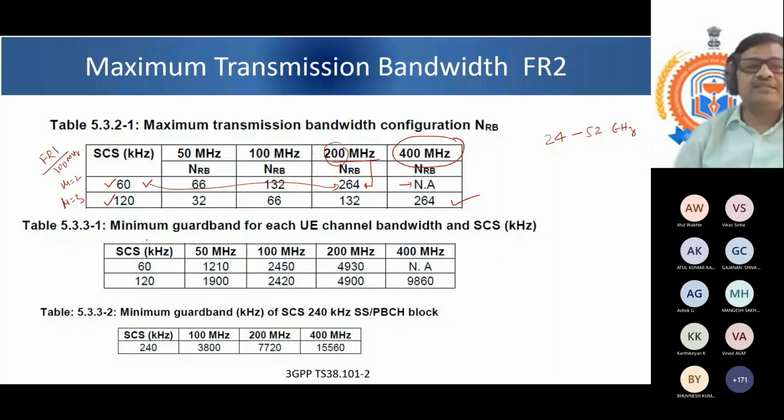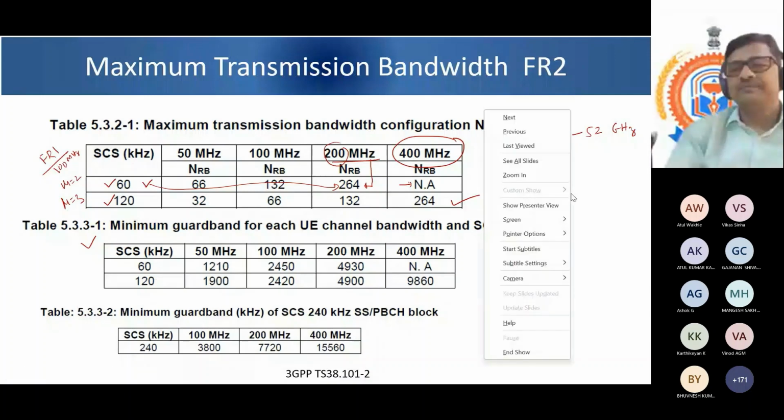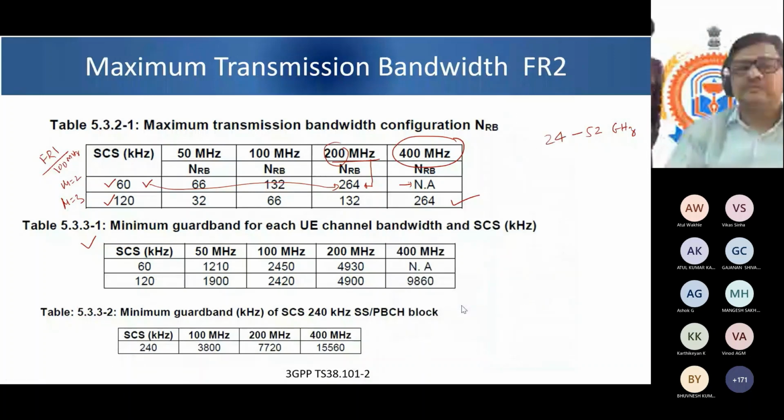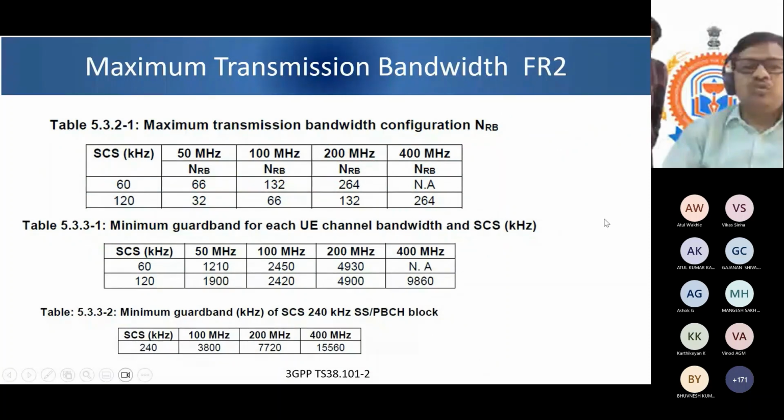And here it is the guard band. My question here is, why is numerology 4 not defined here? Is there any reason for that? So numerology 4, up to release 16 and 17, is used only for control signaling, not for user data.